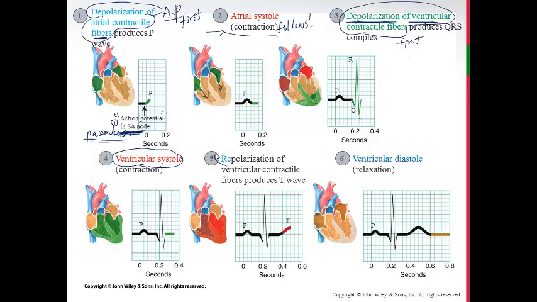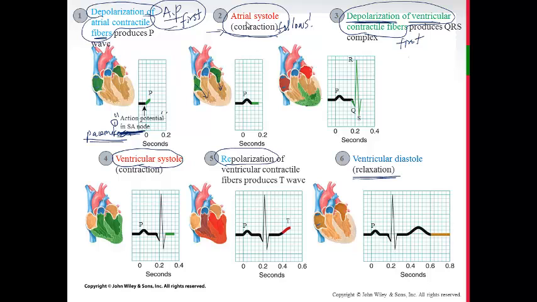Then it's called the repolarization of your ventricle fibers. Then you see the T wave. So then relaxation. Always the idea here is you have your action potential first, like in your atrium, then you have the contractions of the atria.